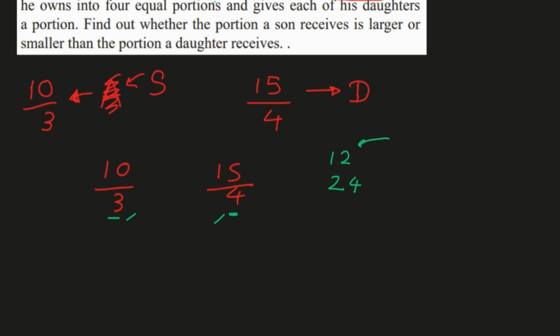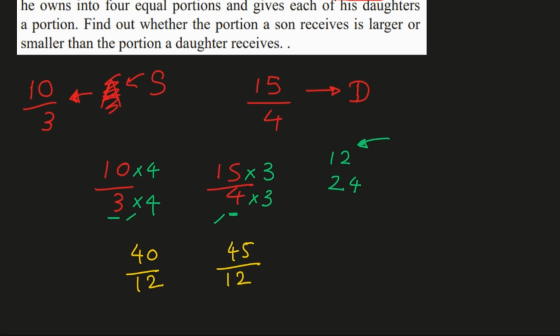So let's take 12. If you multiply 3 by 4, it becomes 12, and you are multiplying 10 as well by 4. Here you are converting 4 into 12 by multiplying it by 3, then you need to multiply the numerator as well by 3. So the answer is 40 upon 12, and here 45 upon 12.